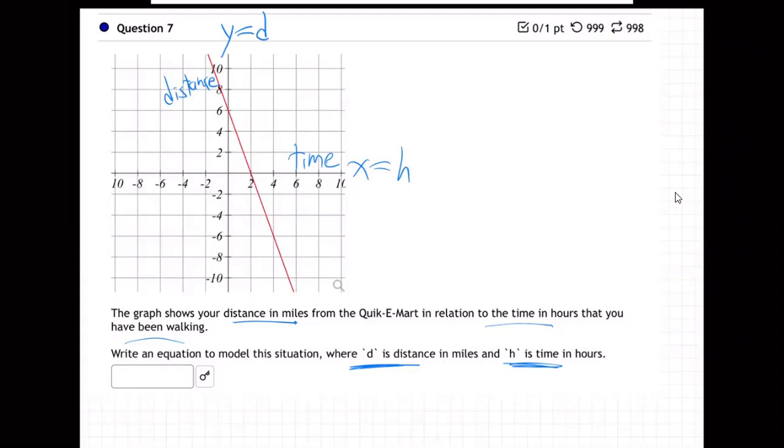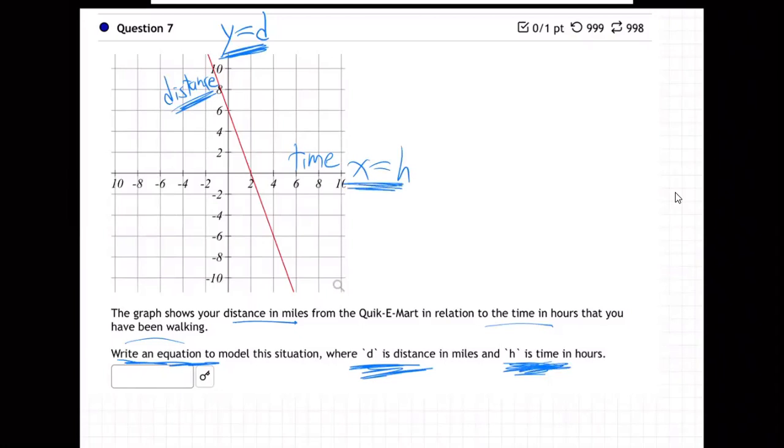They want me to write an equation using D and H. I'm going to work with x and y till I get my answer, then I'll go back to D and H. How do I know which one's which? Well, they tell me right here, D is distance in miles, and so that's the y because y is the distance. And x is the hours because time is the x-axis and H is hours.